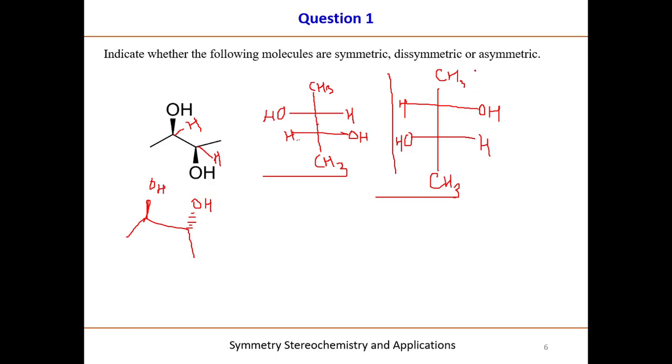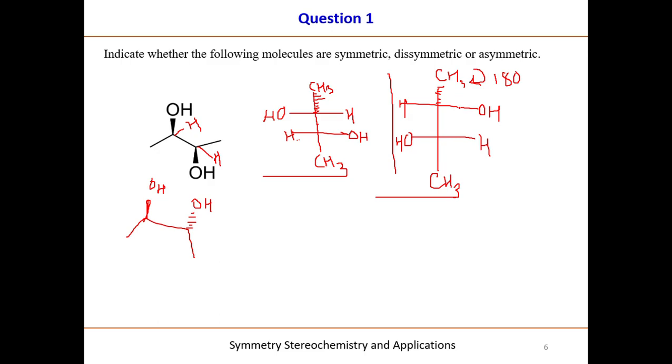If you rotate this molecule by 180, you will get this OH on this side, and this backside bond will come upside, because this is present at the back, right? That means no symmetry axis is present here, and the inversion center is also absent. If you pass a plane here, you will not get exact mirror images, so a plane of symmetry is also absent.